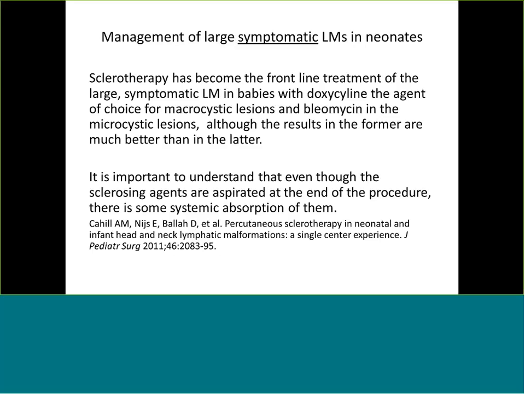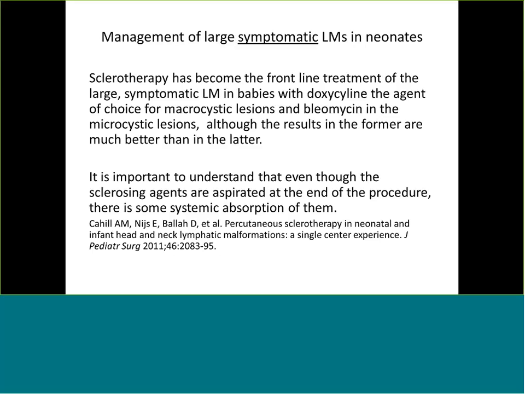Another agent that's been used, particularly in the head and neck lesions, is bleomycin, which most of you know is a chemotherapeutic agent, and it's the same kind of thing. You inject, and this agent, if you get a lot of it, does have some serious complications, including pulmonary fibrosis.